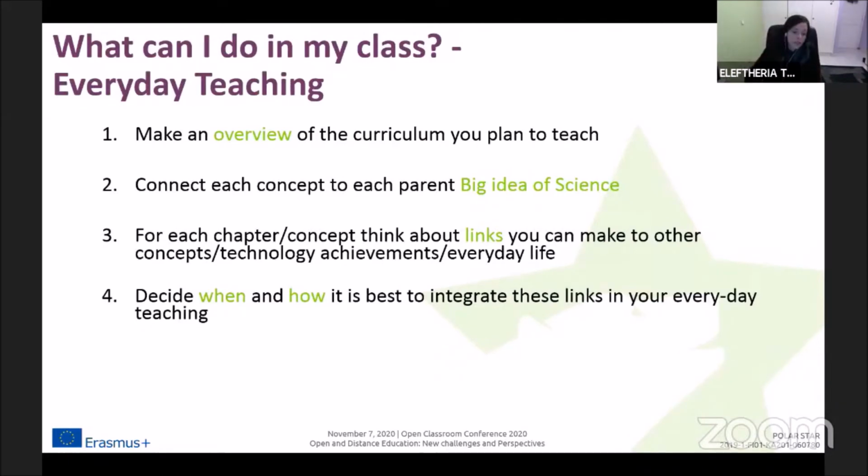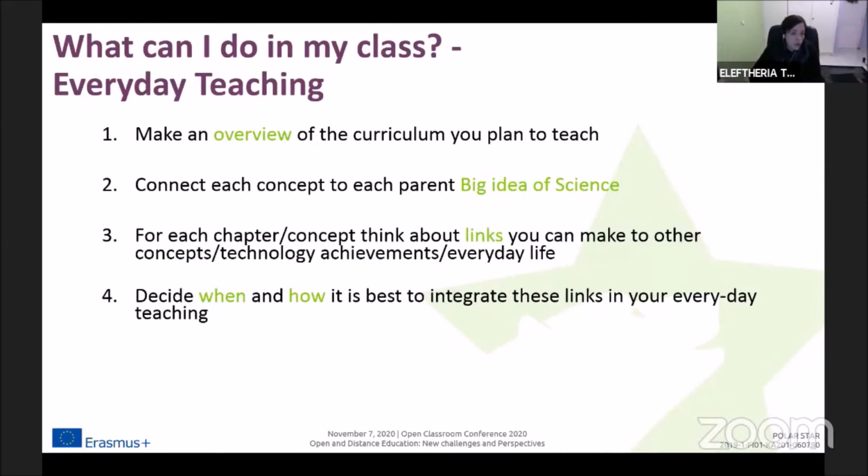Obviously, that doesn't mean that every single link and connection that you spot, you're going to bring into class. Again, you're going to make a selection and give it a first try, do it for a couple of concepts, see how it works, and then take it from there and build.